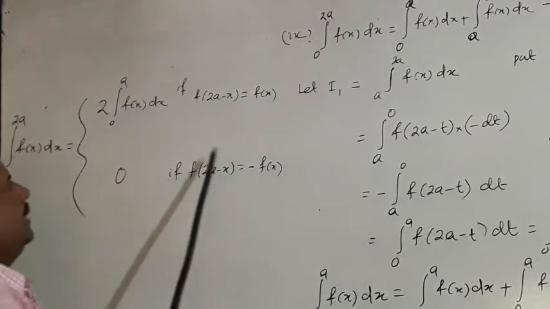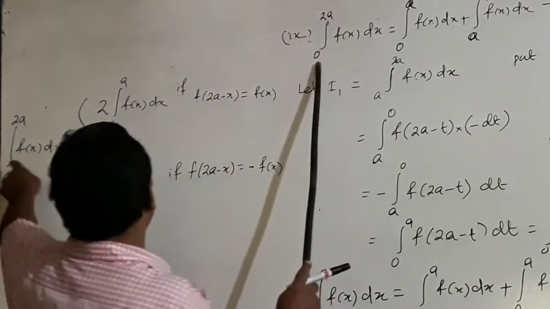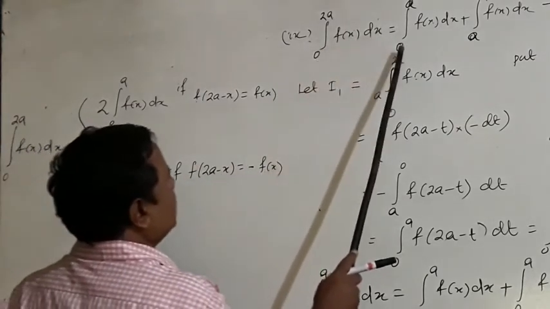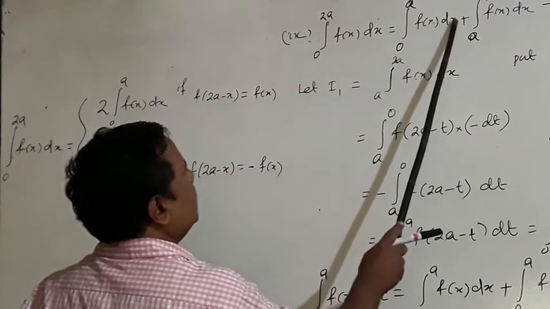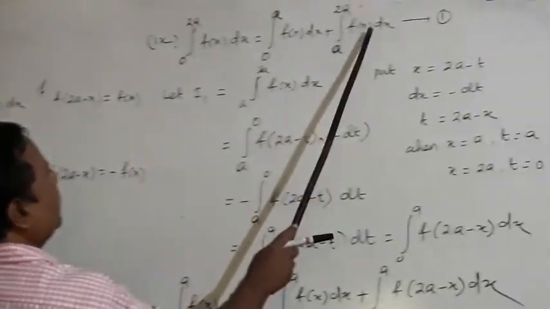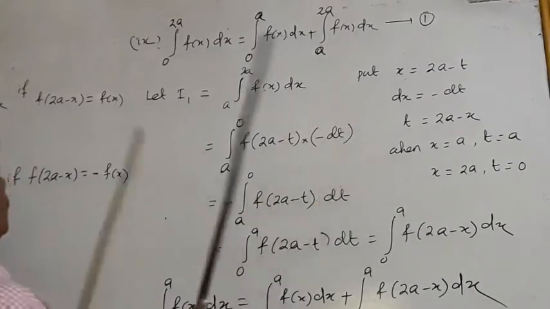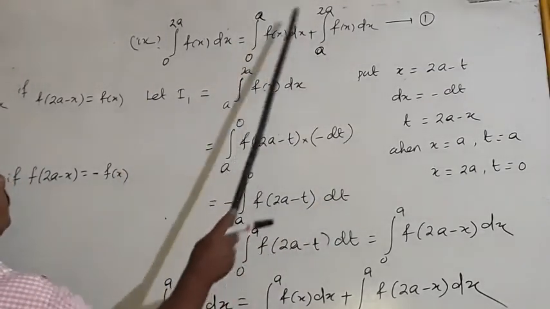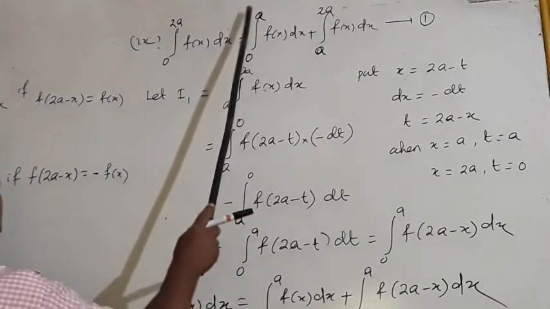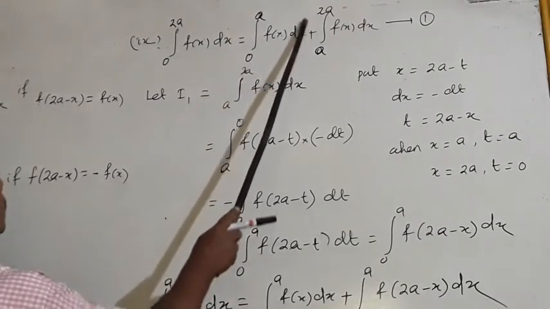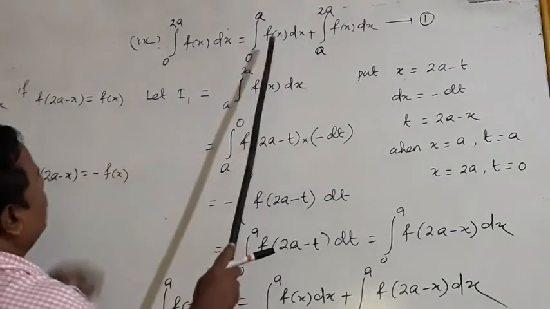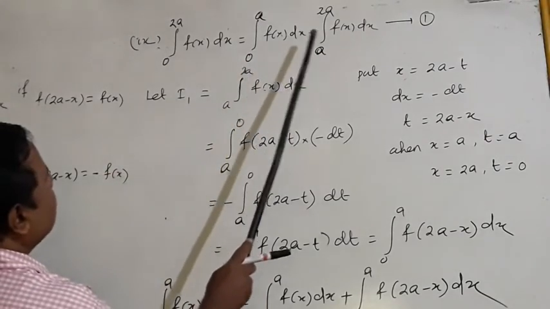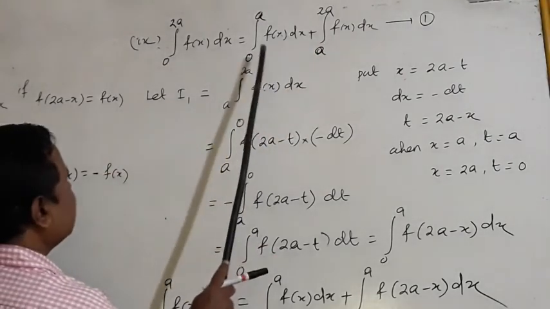Now look here, I am explaining this. The integral from 0 to 2a of f(x) dx is the integral from 0 to a of f(x) dx plus the integral from a to 2a of f(x) dx. This is equation 1. Why is it this? Because a lies in between 0 and 2a. Now I am keeping the first part constant because I am not changing it. Why am I not changing it?